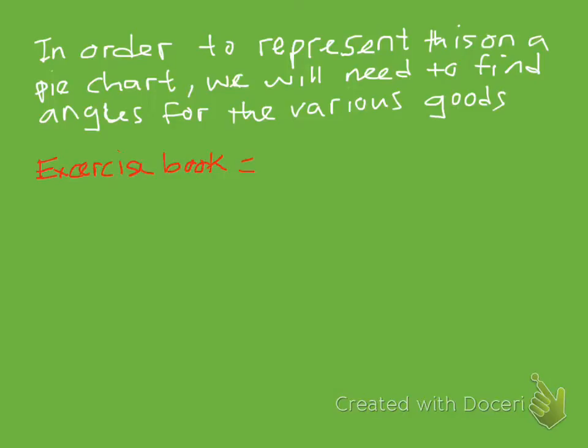Exercise books: that is the first portion, 250 over 1,000, times 360 degrees over 1. The portion of the money which the exercise book takes is 250 francs out of 1,000, the total amount, times 360 degrees, the degrees in a circle, over 1. So this is following that formula. This will give us 90 degrees dedicated to exercise books.